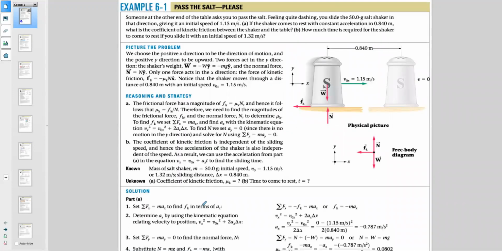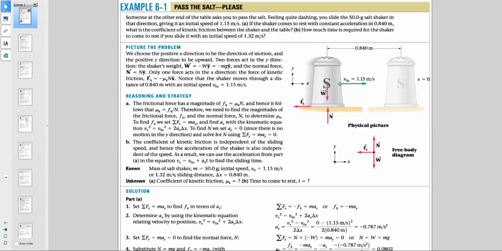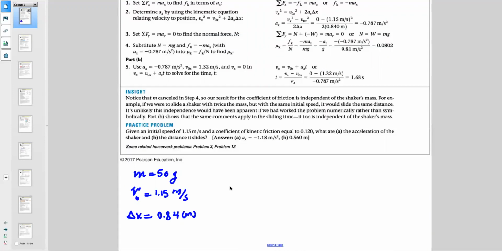All right. With a constant acceleration, it doesn't say how much it is, but we know it's constant. What is the coefficient of kinetic friction between the shaker and the table? So when you're looking at this, you have a salt shaker, which I'm just going to say is a box, it doesn't matter.